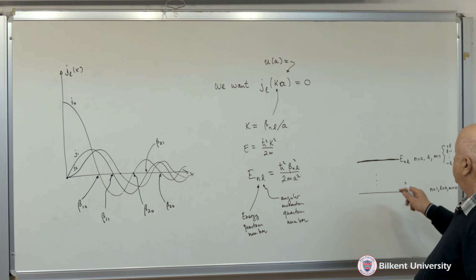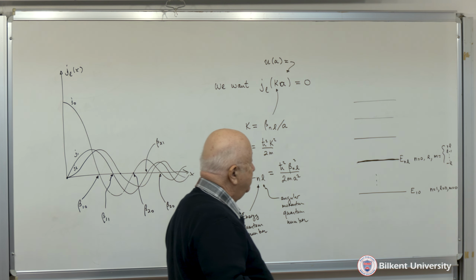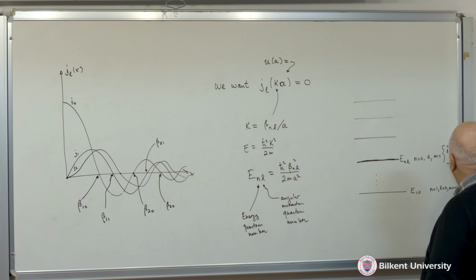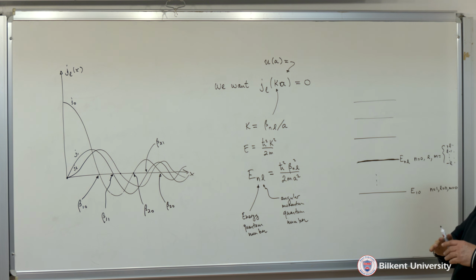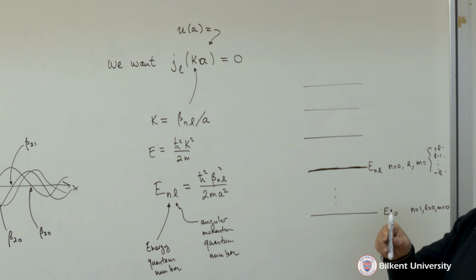Now suppose I have lots of energy levels like that, and they have different degrees of degeneracies. Why do we have these degeneracies? They all have different values of m. They have the same energies, but the z component of the angular momentum is different for different states. That means the magnetic moment of the system is different for all of these states.